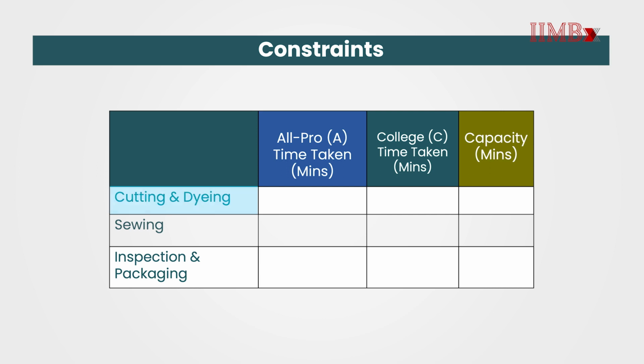Let's go ahead now and think about the constraints. What would the constraints look like? So let's say in the cutting and dyeing department, if you're making A All-Pro footballs and each All-Pro football is taking 12 minutes, then in order to make a total of A of them, it will take 12A minutes. Similarly, for the college footballs in cutting and dyeing, each college football is taking 6 minutes, and therefore making C of them will take 6C minutes.